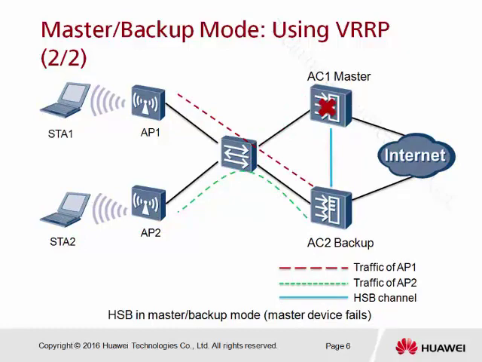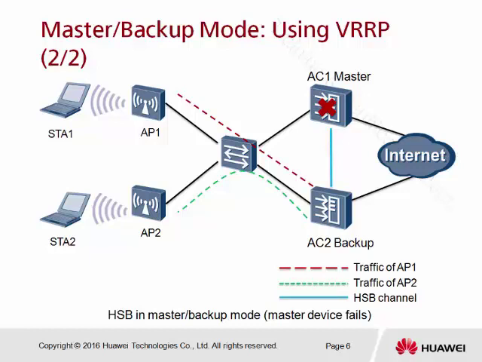So when AC1, which was previously the master, has already failed, it is not able to form the CAPWAP tunnel with AP1 and AP2 anymore. We don't need to worry because VRRP allows AC1 and AC2 to share the same virtual IP address. So even if the first one has lost the connection, we don't need to change anything on the AP and also the terminal side.